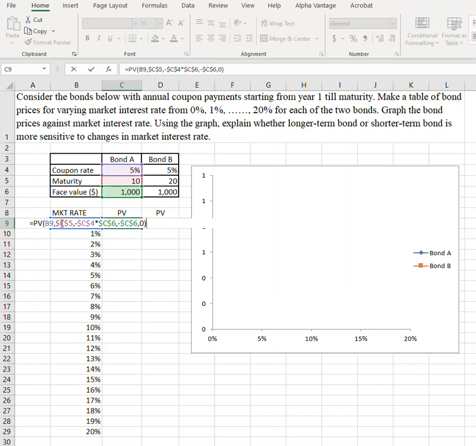Lastly, what we could also do here is where we have all of these hard-coded in, we can allow the columns to float, thus maintaining the rows so we can drag our formulas down into the right.